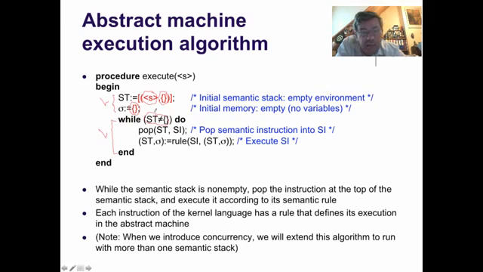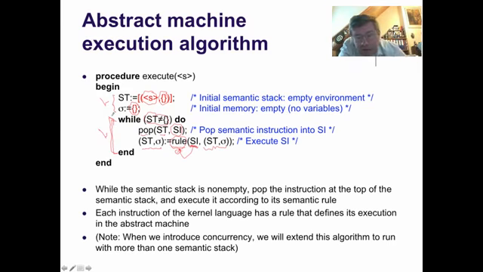While the stack is not empty, we pop off the semantic stack a semantic instruction, which is removed from the stack, so the semantic stack will have one less element. Then we execute this instruction according to its semantic rule. Each instruction in the kernel language has one rule, which takes an execution state and the semantic instruction, and returns the next execution state. Then the loop continues until the semantic stack is empty.